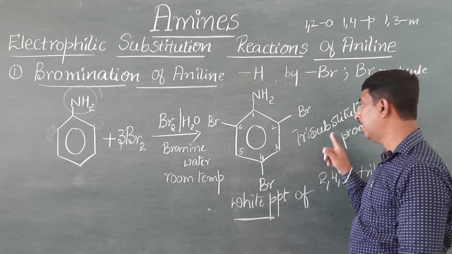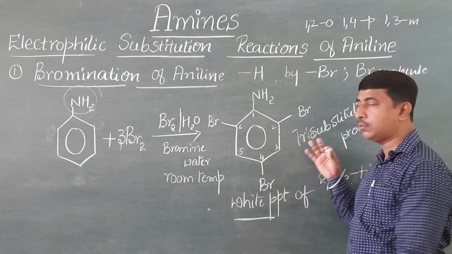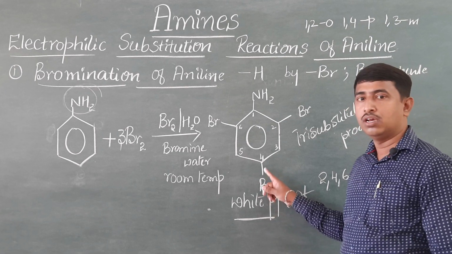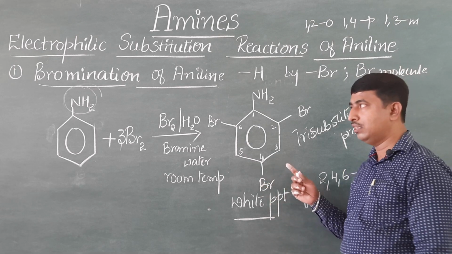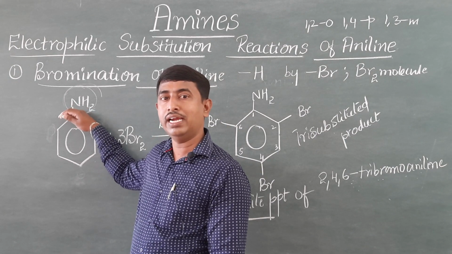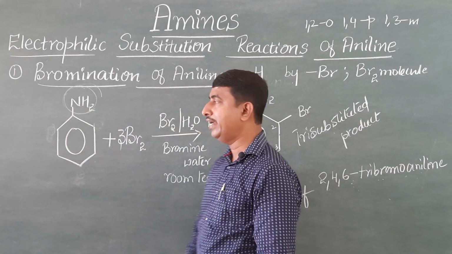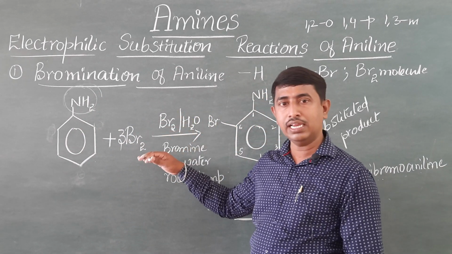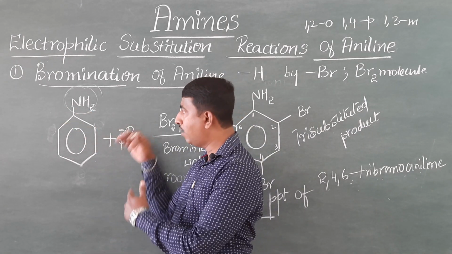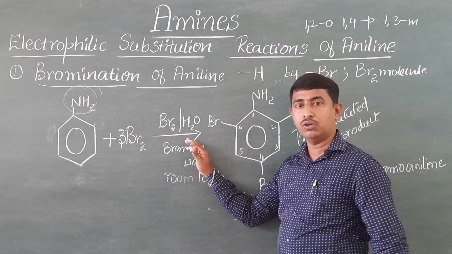If we want to prepare a mono-substituted product, that is para product or ortho product, first we have to decrease the electron donating tendency of nitrogen, or decrease the activating nature of nitrogen. After that, we carry out the bromination.